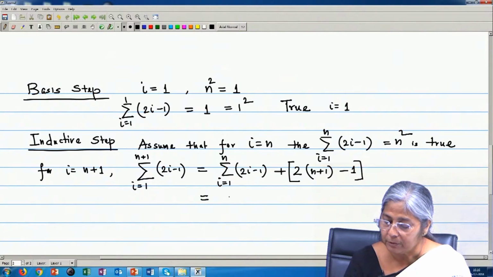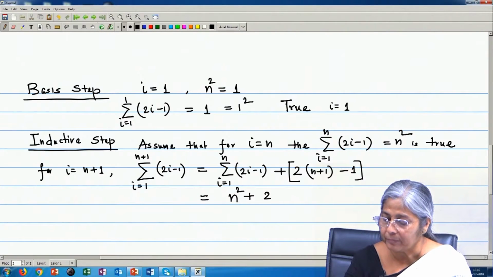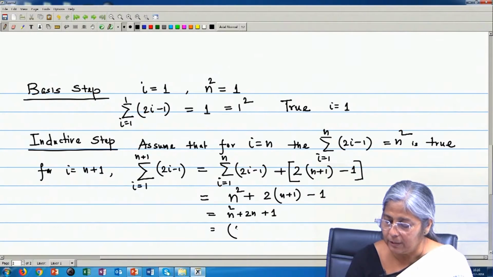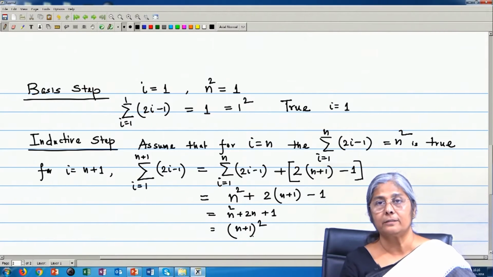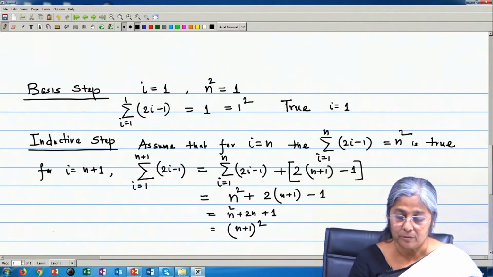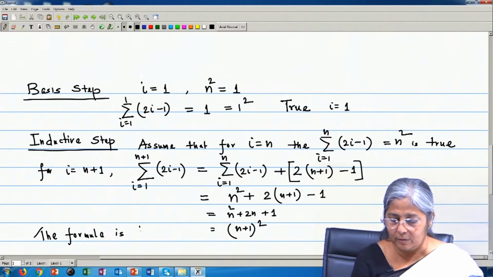So, the first term is n square, and this becomes 2 into n plus 1 minus 1. So, this is n square plus 2n plus 1, which is nothing but n plus 1 whole square. So, for n plus 1, it is again giving n plus 1 whole square. That means the formula is true for n plus 1.